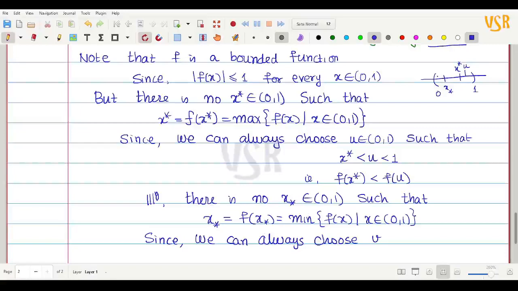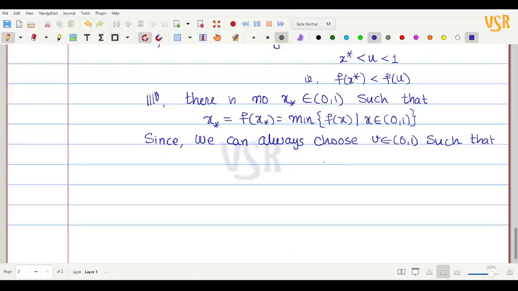So we can choose an element v belonging to the open interval (0,1) such that v is smaller than x suffix star, and greater than 0.